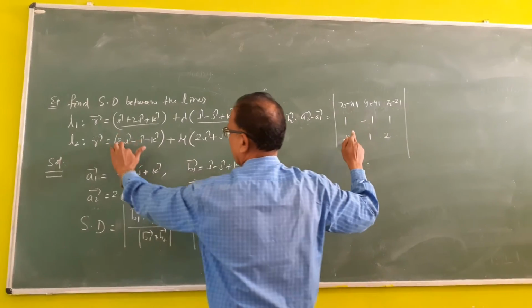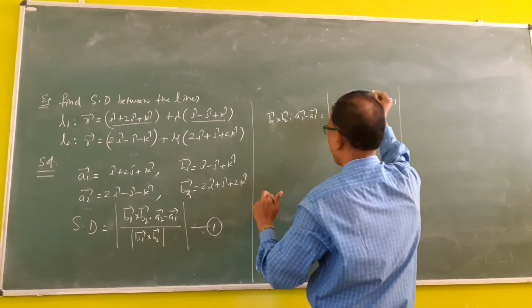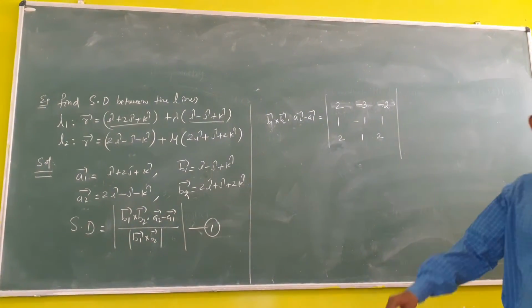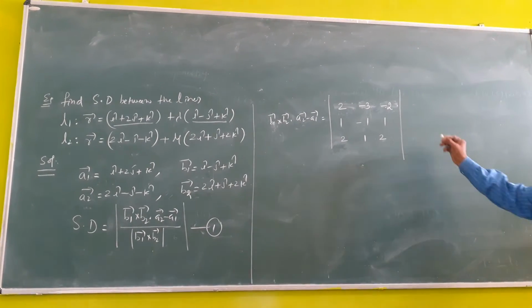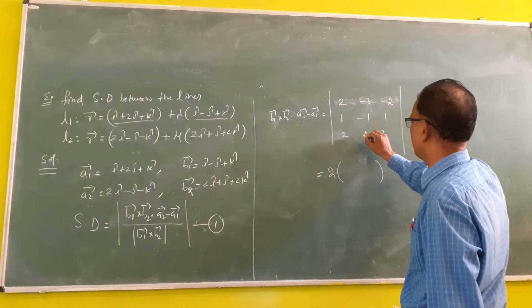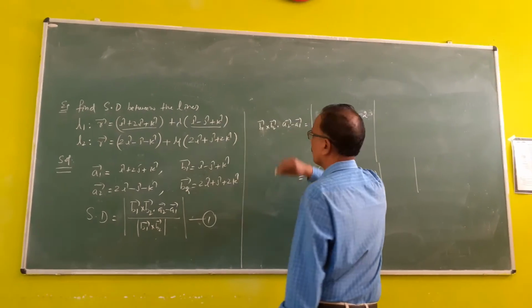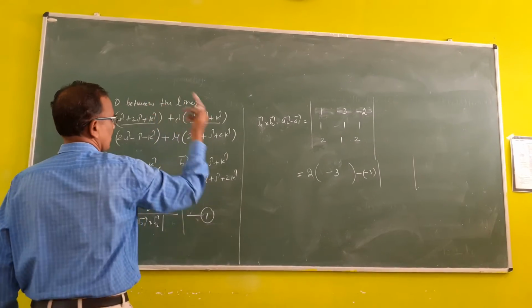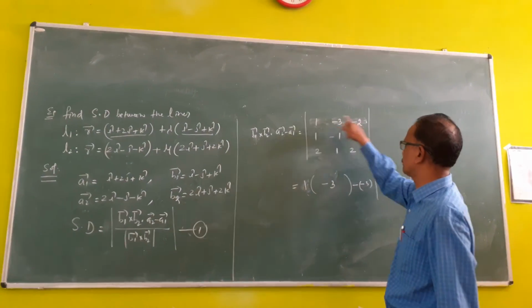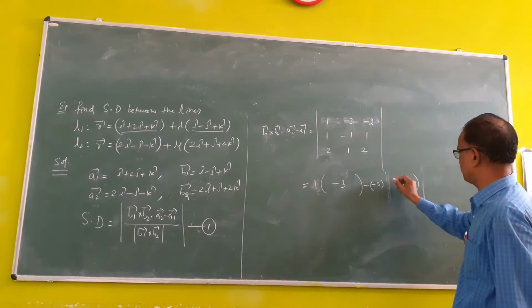X2 minus X1 is 2 minus 1, and so on. Expanding the determinant: remove this row and column, giving 2 minus 2, which is 0.